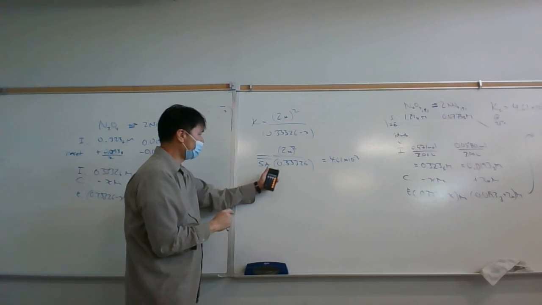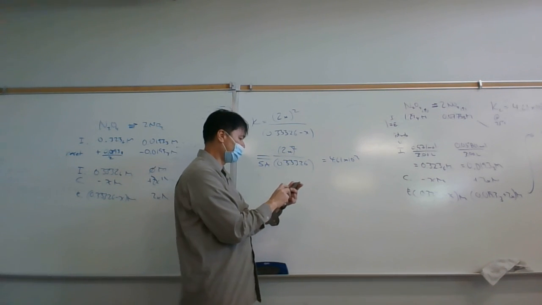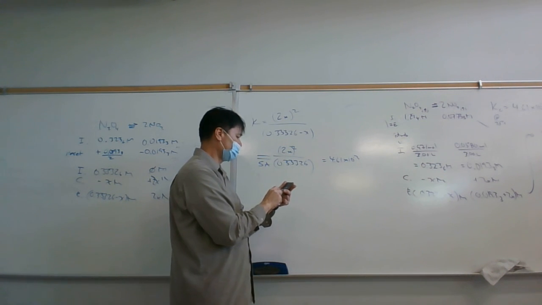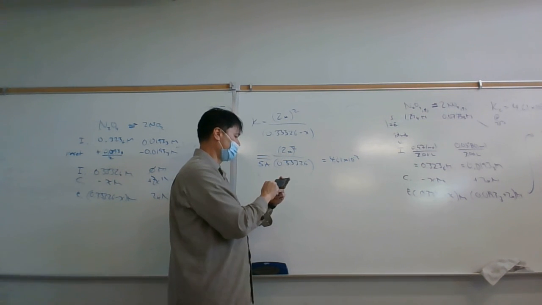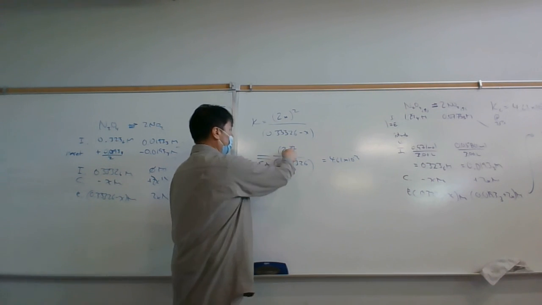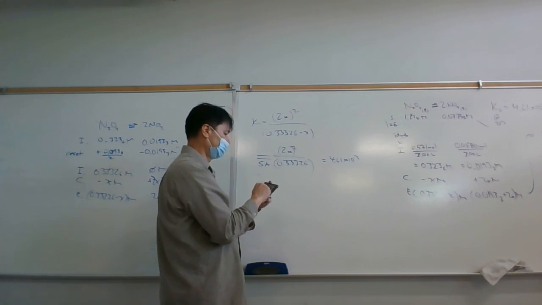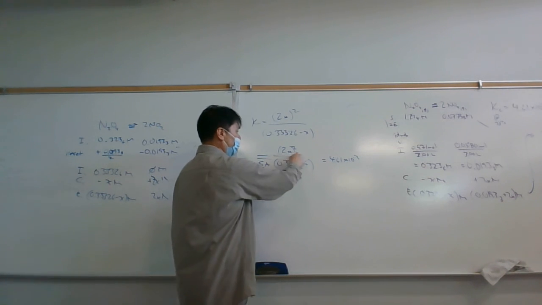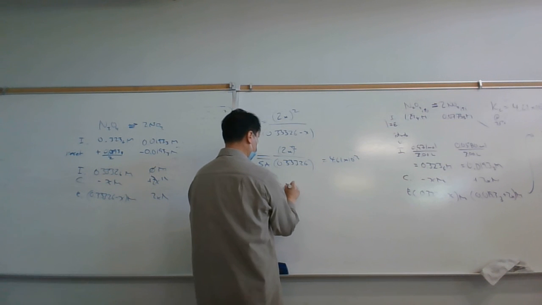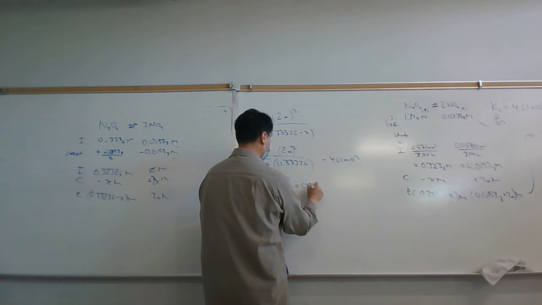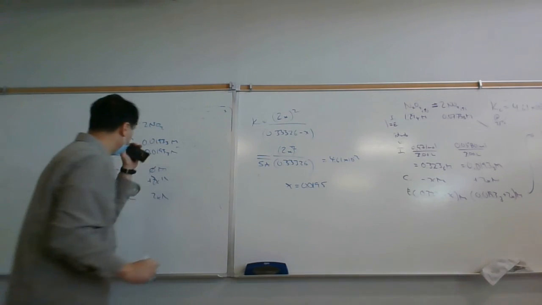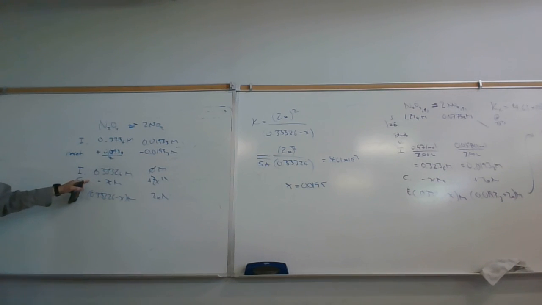Okay, so I have this in my calculator. I'm just going to multiply it times 4.61 times 10 to the minus 3. Divide by 4. And then take the square root. And so I get x is equal to 0.0195. And then we calculate the percent change.